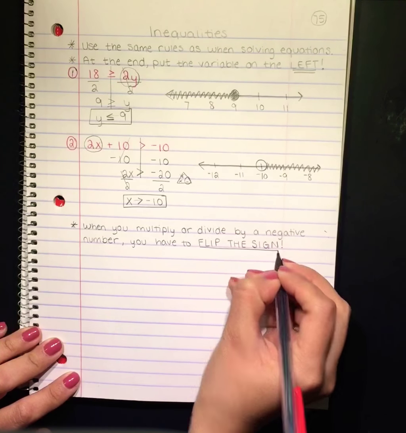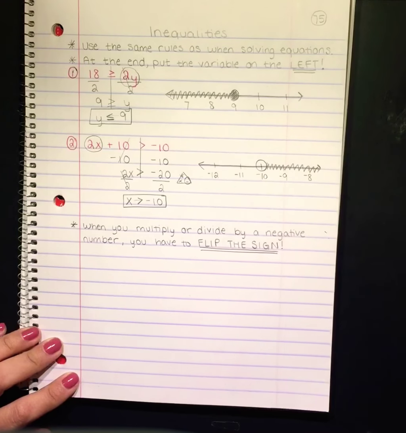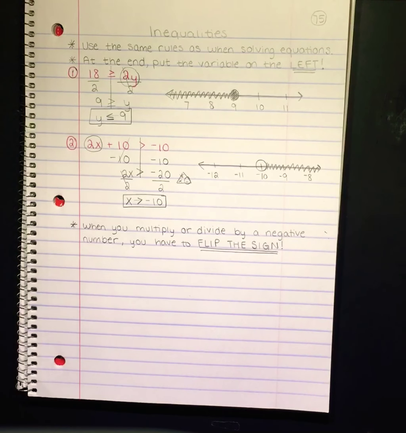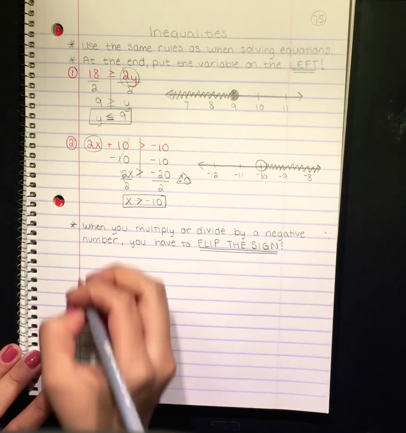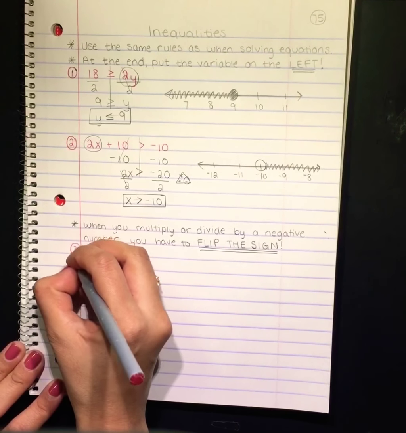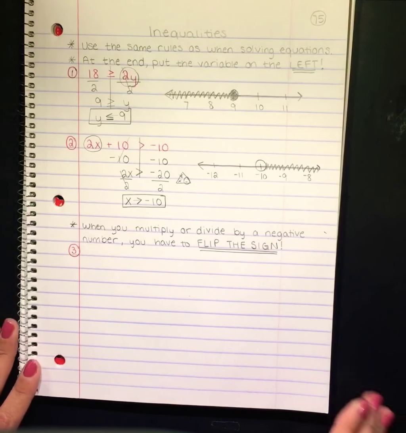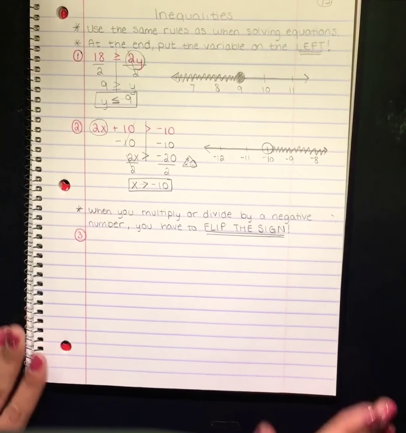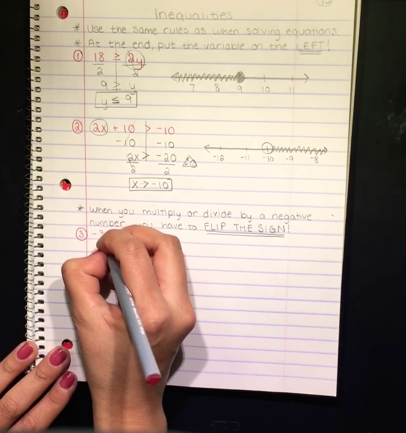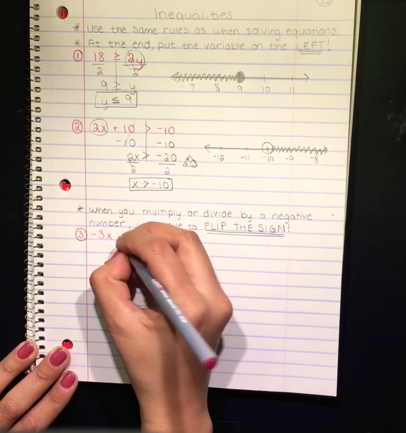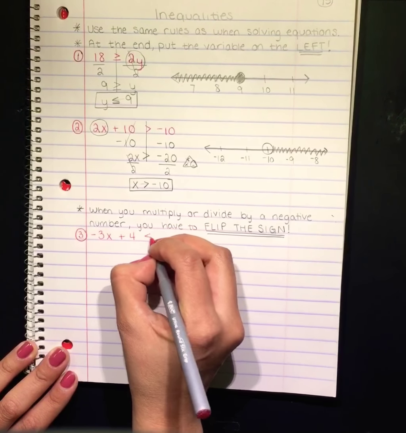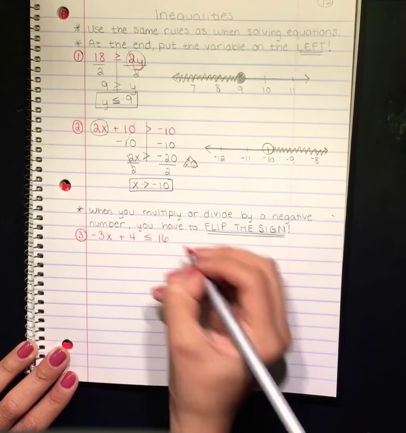I'm going to underline that twice. So cuando multiplicamos o dividimos por un número negativo, vamos a voltear el sign again. Okay, let's see what this looks like. So here's our number 3. Negative 3x plus 4 is less than or equal to 16.